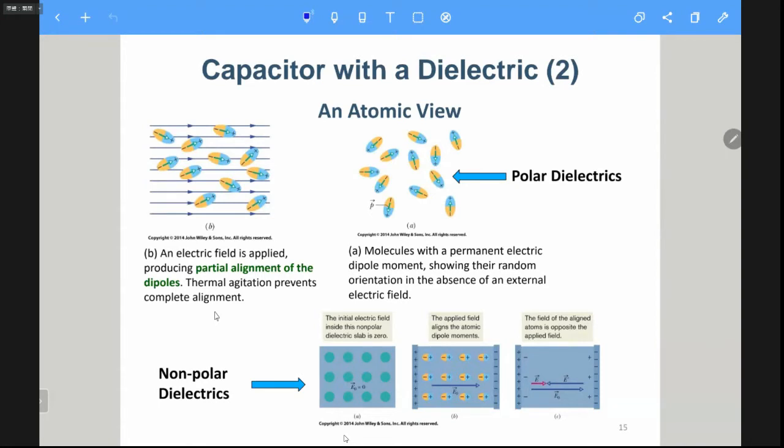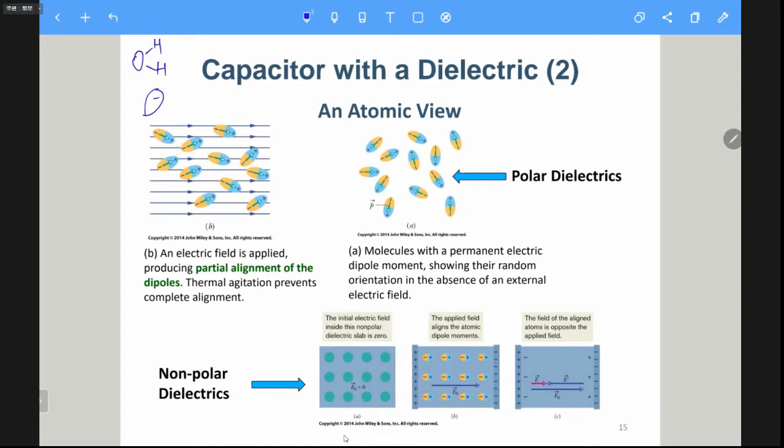So here molecules with a permanent electric dipole moment show random orientation in the absence of an internal electric field. As you have learned in, I think, chapter 22 or 23, I don't really remember. If you put some molecule, such as H2O, H2O is an example of a dipole.